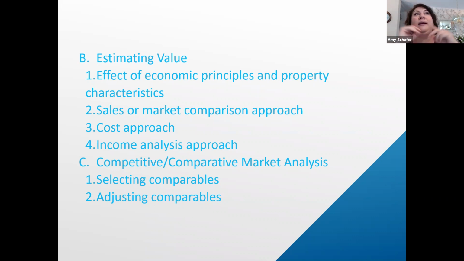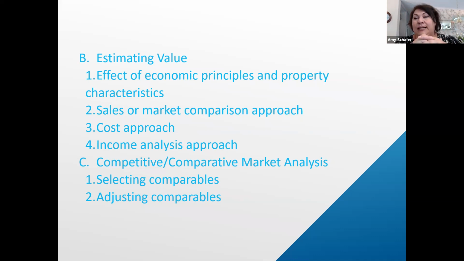Maybe it's the retina burning house, orange house across the street, but it's just so much color that it actually ends up affecting the value of the property that you're looking to price, okay? So what you would do is take new construction minus that depreciation, and then that land value that we have off to the side, now we're going to add that back in, and that's a most likely sales price.